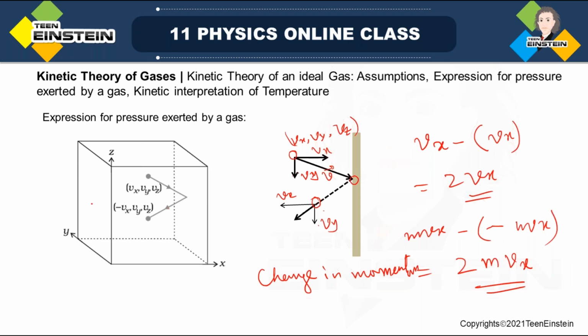When it moves parallel to the x-axis, hits this particular wall and then rebounds, the other two velocity components do not change, only the x component changes. That's why there will be a change in the linear momentum, that is 2mvx. So we have got the change in momentum for a particular gas molecule.